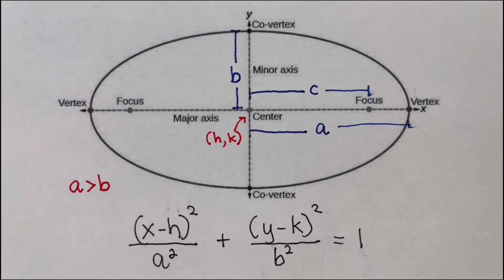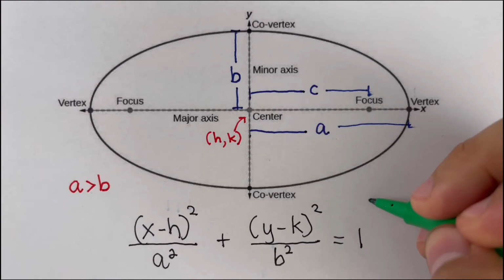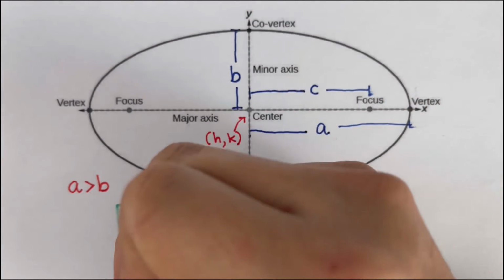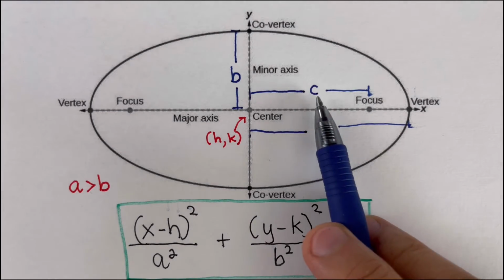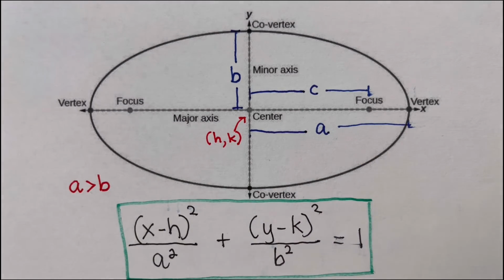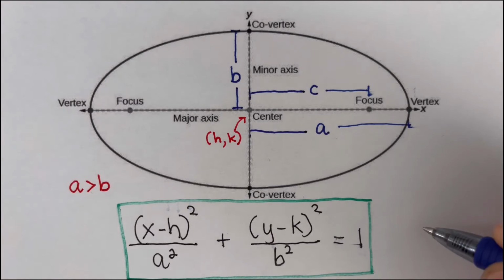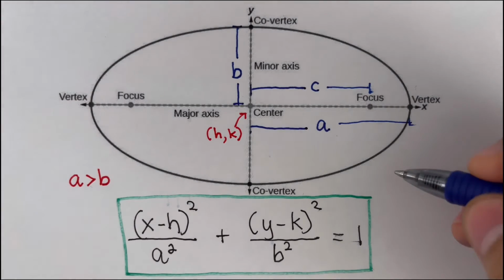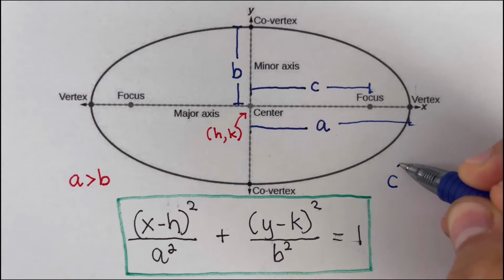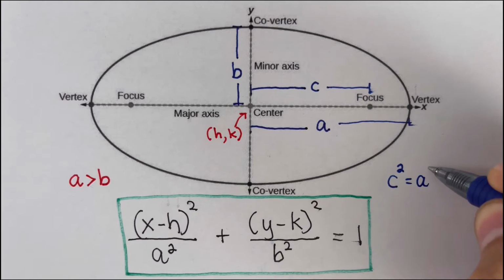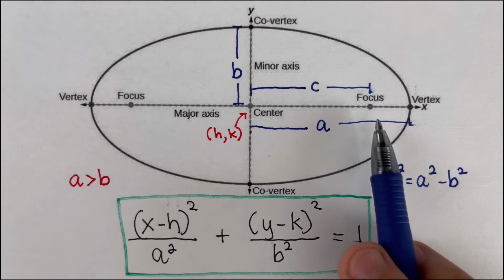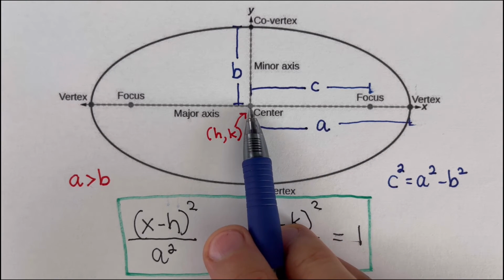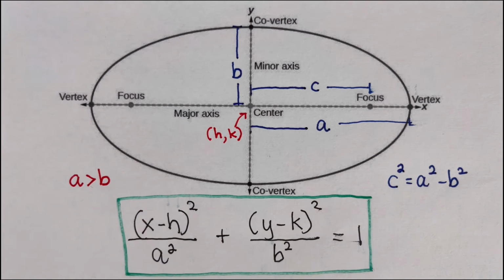So this is the standard form of this ellipse. Now we also remember that the value of C, where we can locate the focus, we can solve using this equation: c squared is equal to a squared minus b squared. Again, this is the formula we're going to use to locate the focus, the distance from the center to the focus represented as letter C.